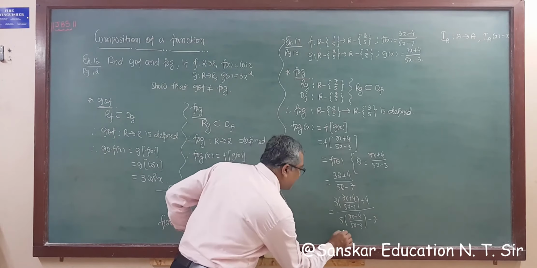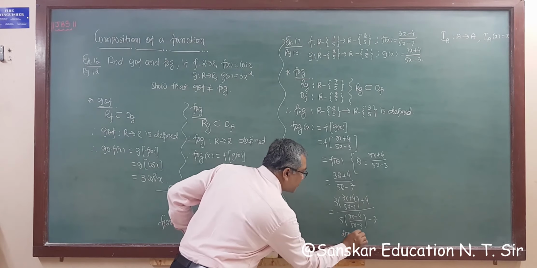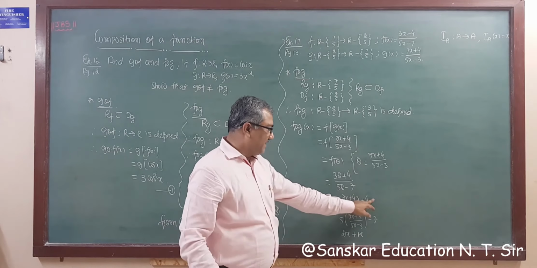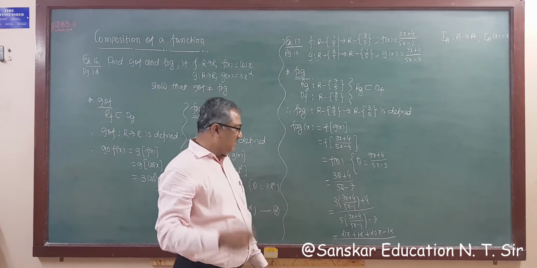7 times 3 is 21x plus 12. Multiplying by 5x minus 3 here, we get plus 20x minus 12, whole upon, sorry, I can't give a space, so I'm writing with small letters.